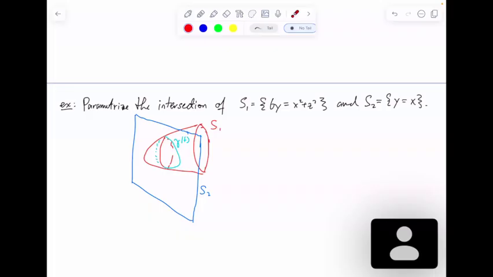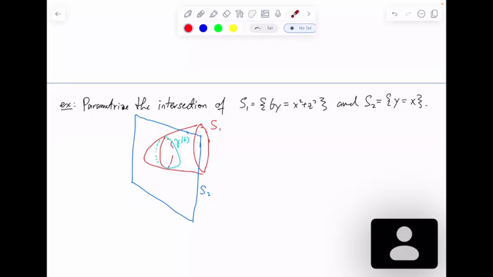So how might I do this? Does anyone have suggestions on how I might go about parameterizing this in the first step? Note that on the one hand, I need to have y equals x. On the other hand, I must also have this equation, 6y equals x squared plus z squared. So is there a substitution I might be able to make?